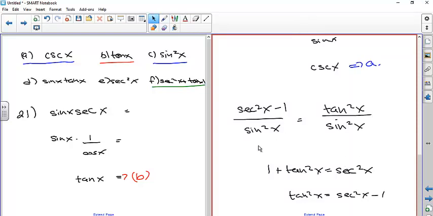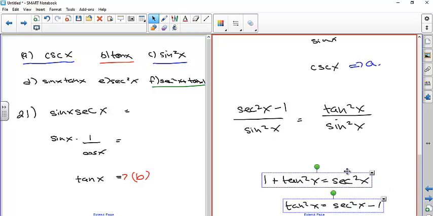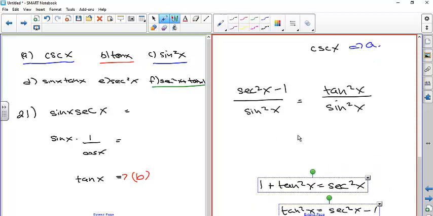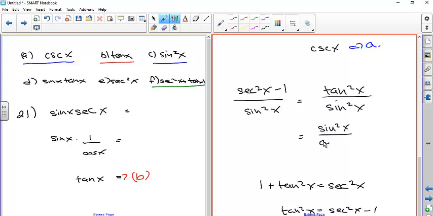So then finally, we can use the quotient identity. Sine over cosine is the tangent, so the sine squared divided by the cosine squared is the tangent squared. And then I divide that by the sine squared, and you can see if I take the reciprocal of this, it's the same as multiplying by 1 divided by sine squared.